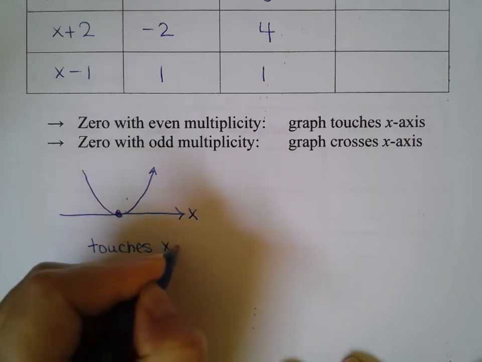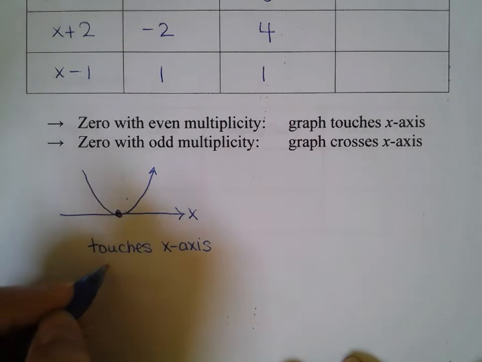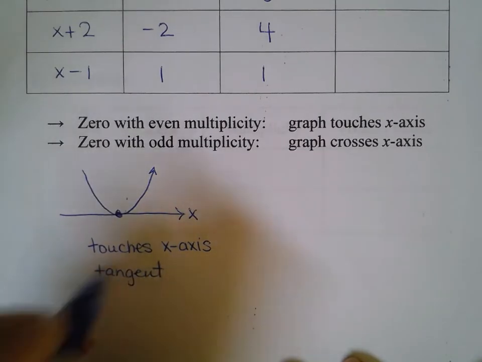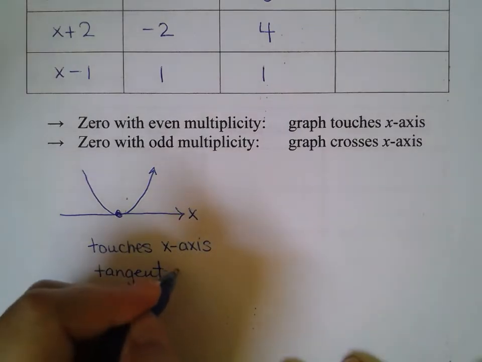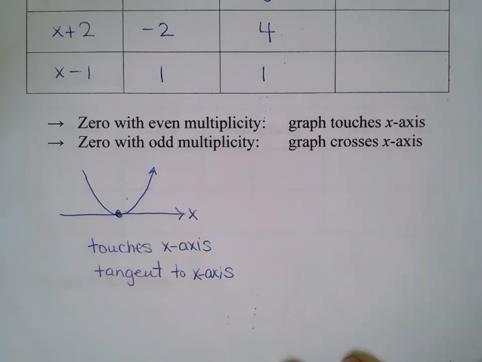We use the word touch to describe this, or at least that's what I like to use. Another good word would be tangent. Tangent to the x-axis means that it touches the x-axis at just one point. You may see the word tangent here and there, if not this semester, then in other classes, where it will very likely come up.